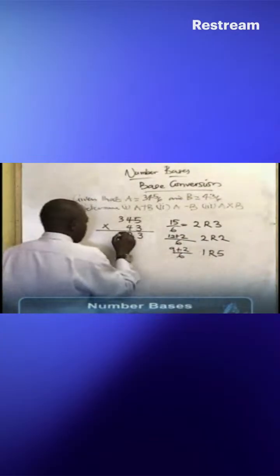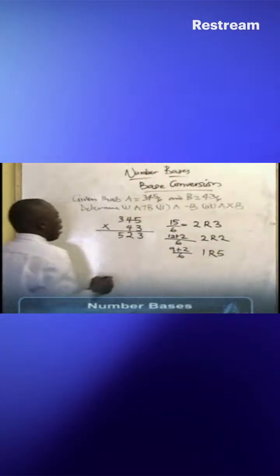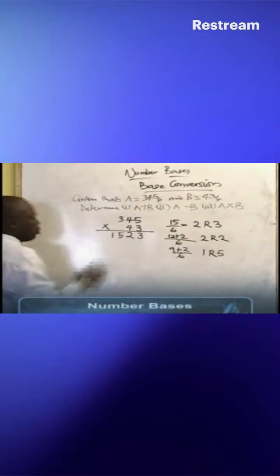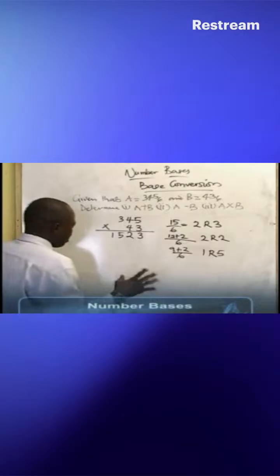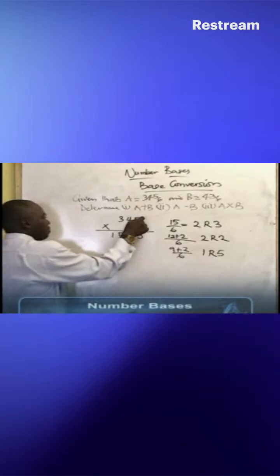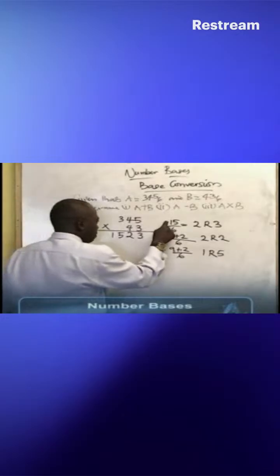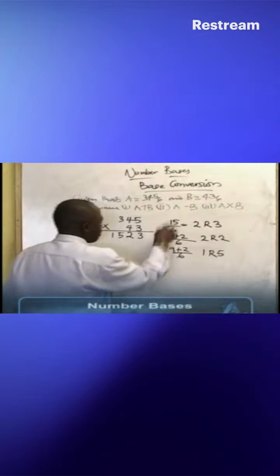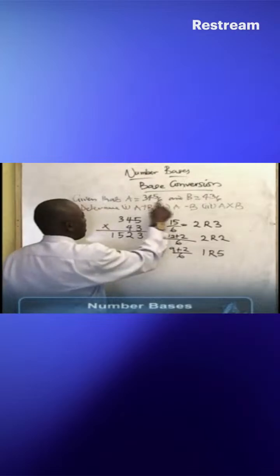I hope you got what we did. 3 multiplied by 5 will give you 15. You cannot write 15, so you divide by 6 because you are working in base 6. If you divide 15 by 6, 6 will go in 15 2 times. 6 times 2 is 12, so it will remain 3. This remainder, you put it under the first column.